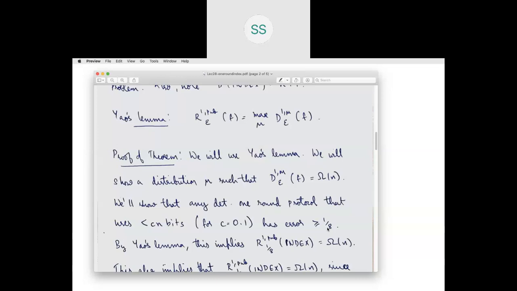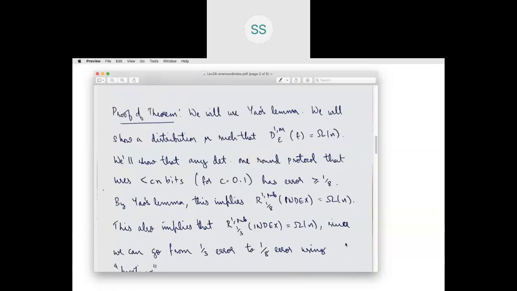Which means that if you want to get error 1 over 8, then you need Cn bits where C is 0.1, which means the randomized complexity of index with error 1 over 8 is linear.